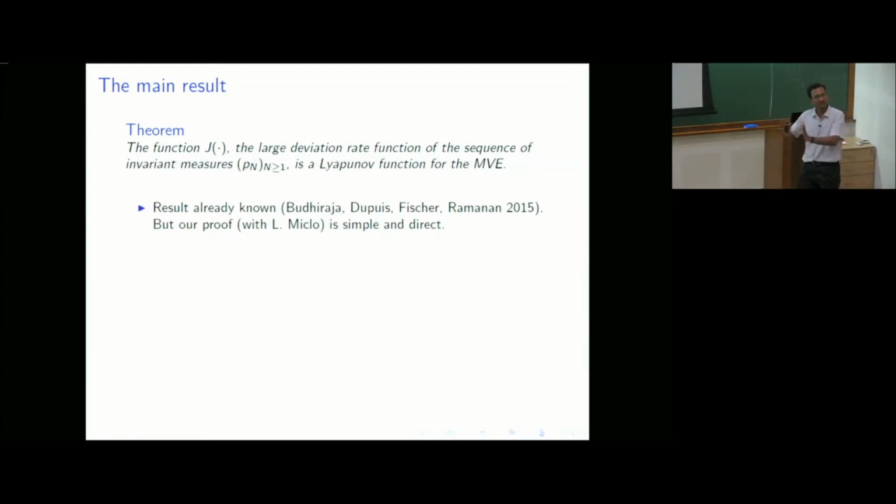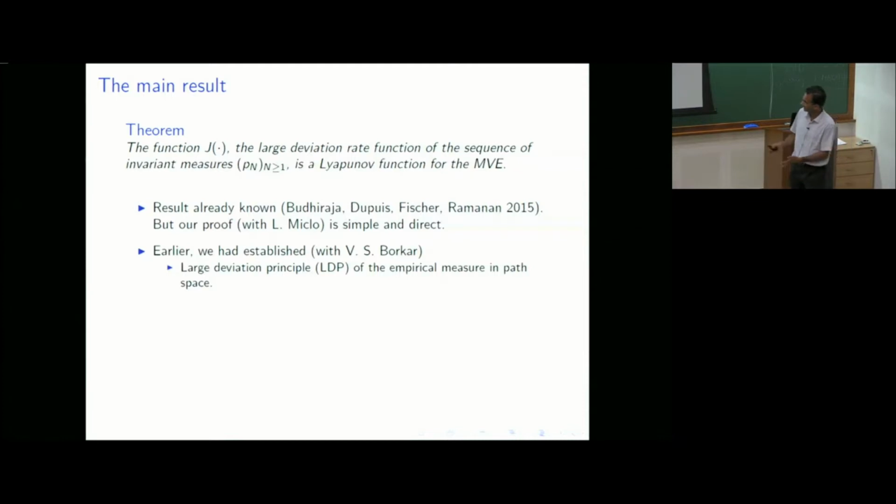Somehow I had the impression that this must be folklore, but these folks came up with a proof of this in 2015. But I was looking for a somewhat simpler proof, and with Miklós we came up with what I feel is a little more appealing and more direct explanation of why this is a Lyapunov function.